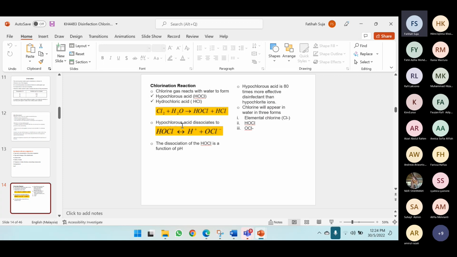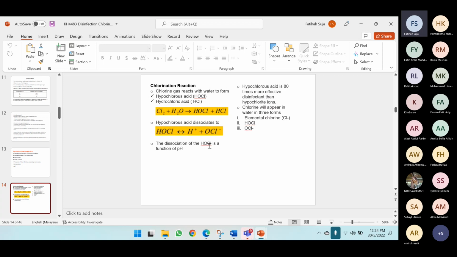Okay, so this hypochlorous acid will then dissociate to H plus and hypochlorite, this OCl minus.